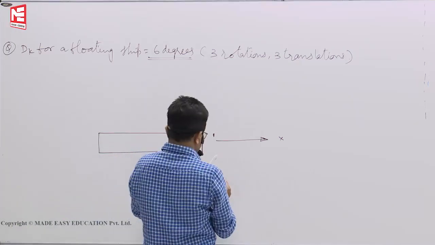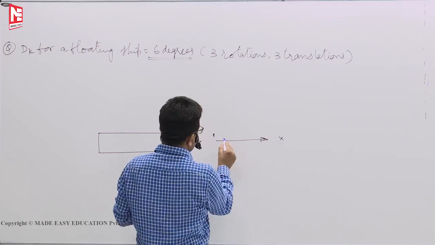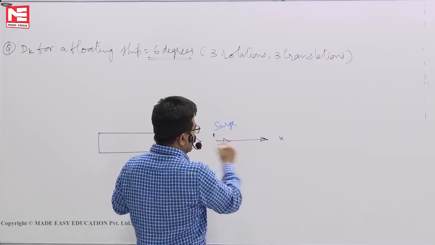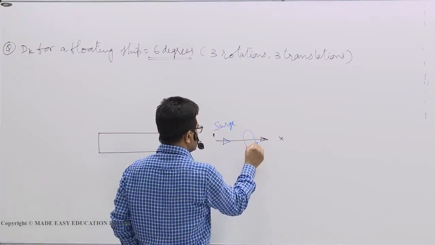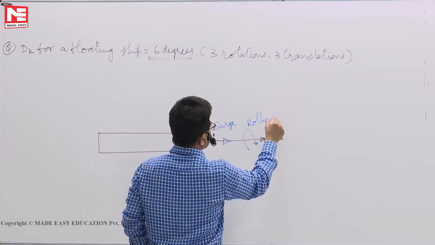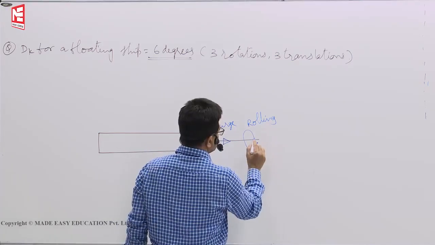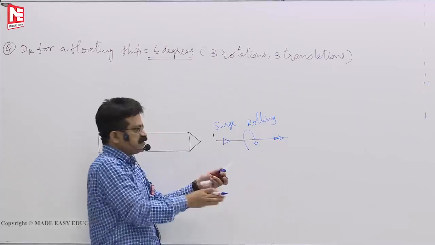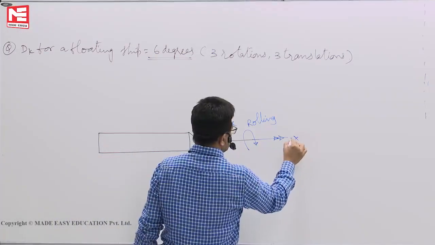X direction, if it translates, this is called surge. About this axis, if it rotates, x-axis rotates like this, this is called rolling. That means that this way I can show like this. That will be called rolling. This is x-axis, you take it.